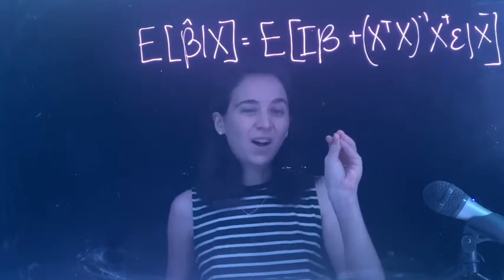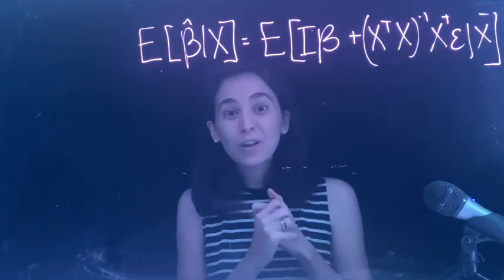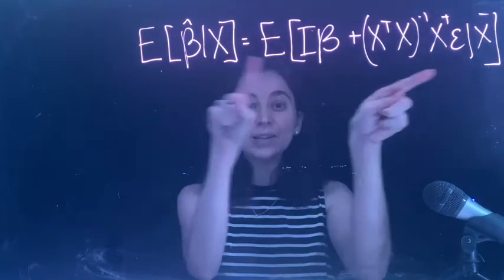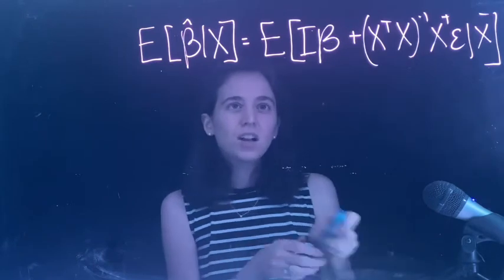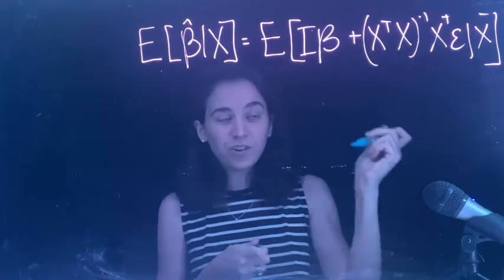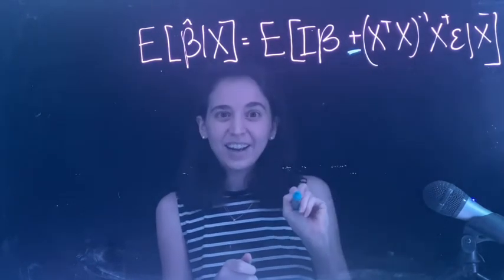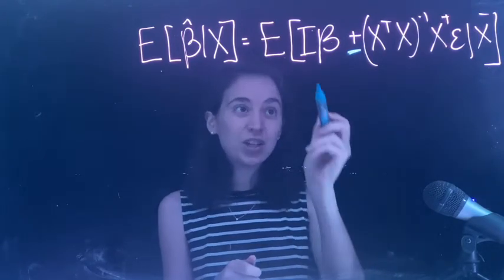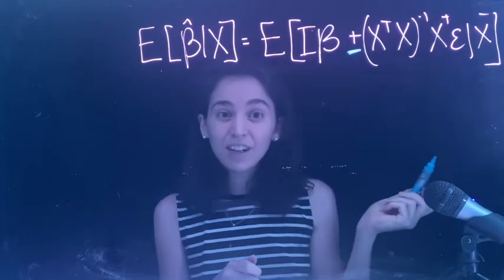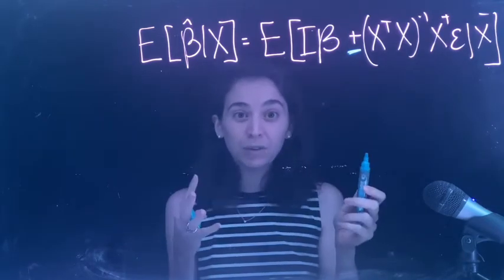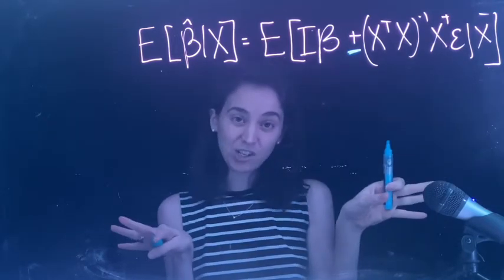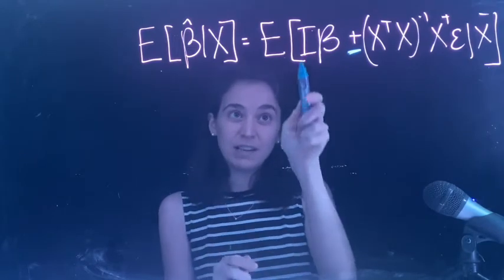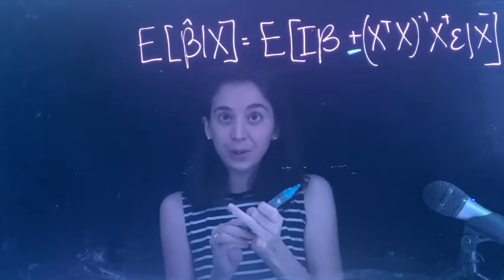So we got this far, and now let's remember what we learned about expectations to simplify this expression. The first thing we'll notice is that we've got this plus here, and from the rules about expectations, when you're adding two things, regardless of whether they're fixed or random, we can split the expectation into two pieces. Basically, we can pull that expected value through.